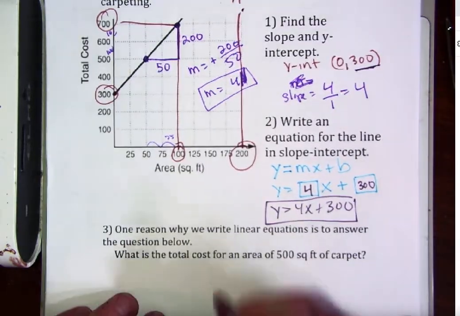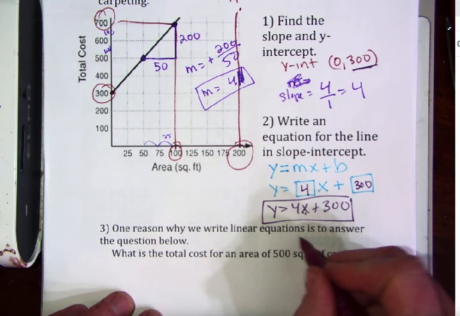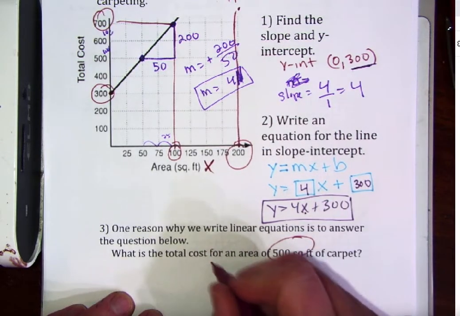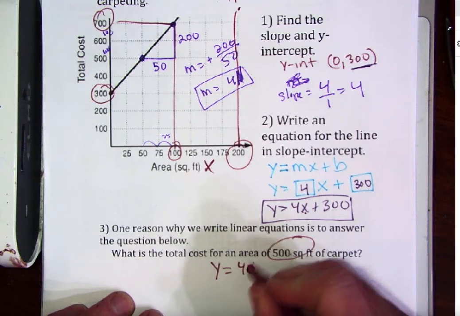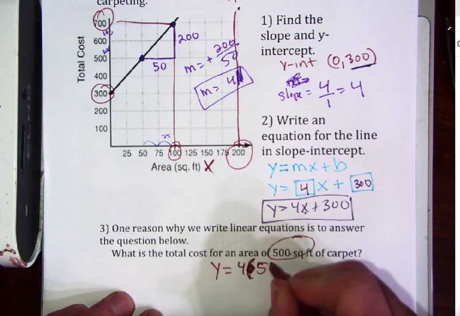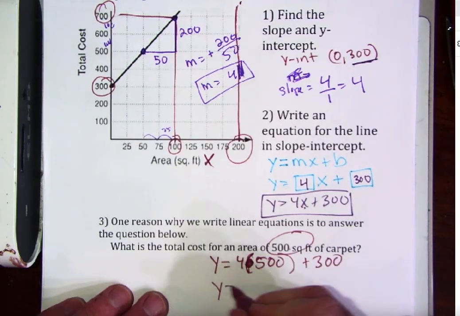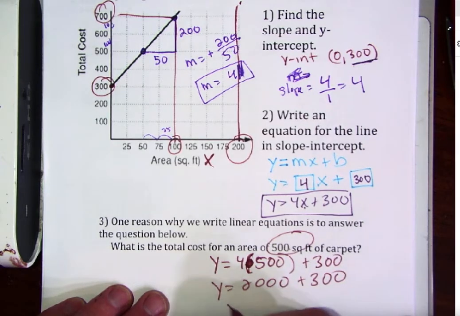We have an equation. Square feet is on the x-axis, so we can substitute the square feet in for x in our equation, and it will tell us what it would cost the Johnsons to get this much carpet installed.